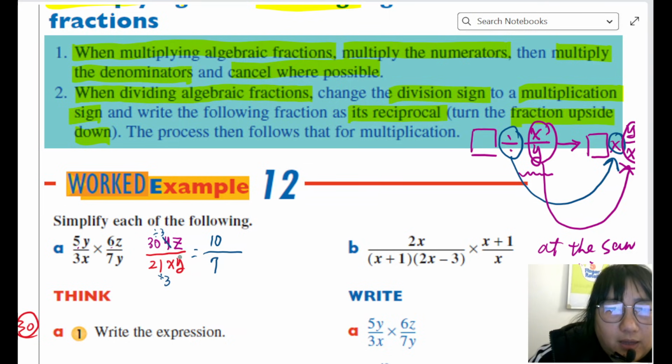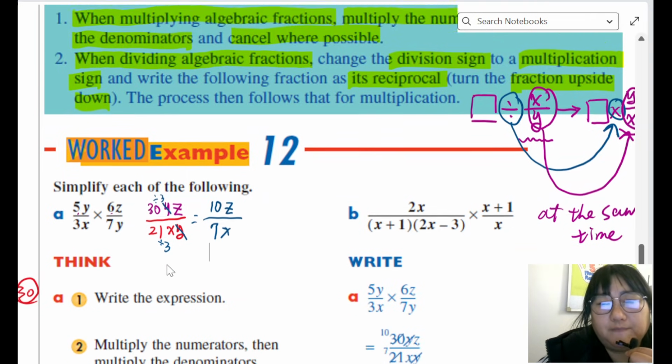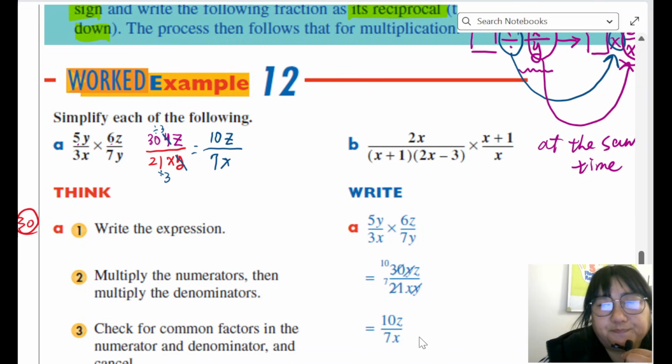I have y and y, one from the numerator and one from the denominator, so I can simplify. On the top, I only have z left, and in the denominator, I only have x left. So the answer is 10z over 7x. You can see here, the solution is this one.